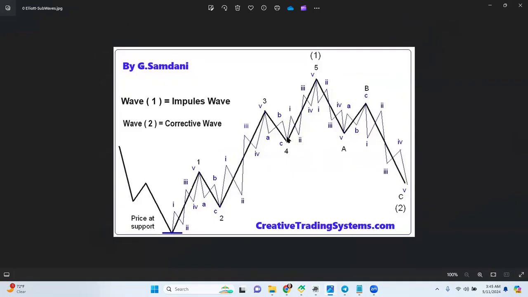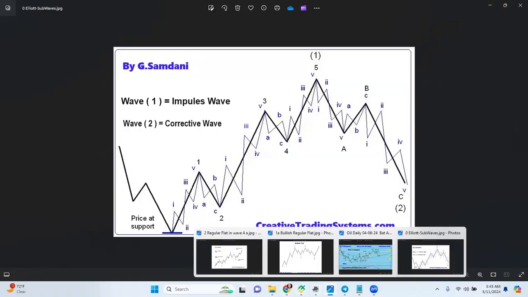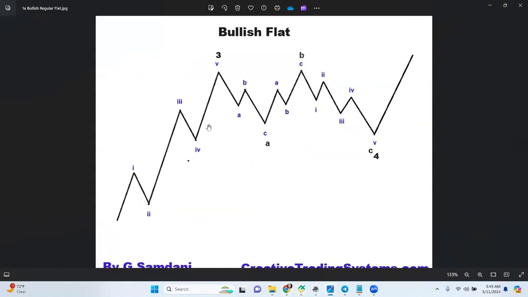The wave four, in this one, I'm showing you like this, but usually it is a sideways correction, just like the first wave. This is the most common one.